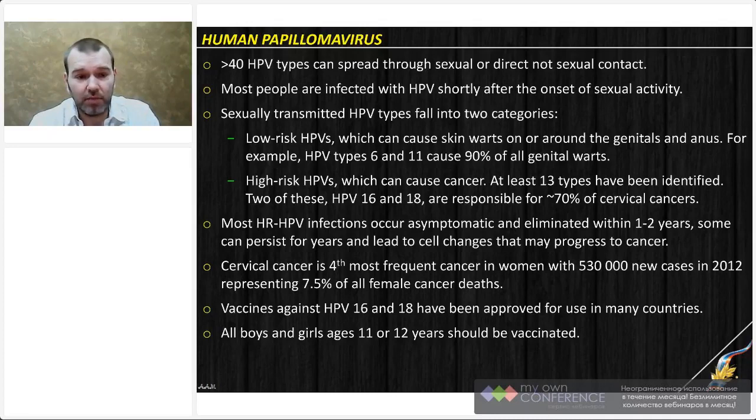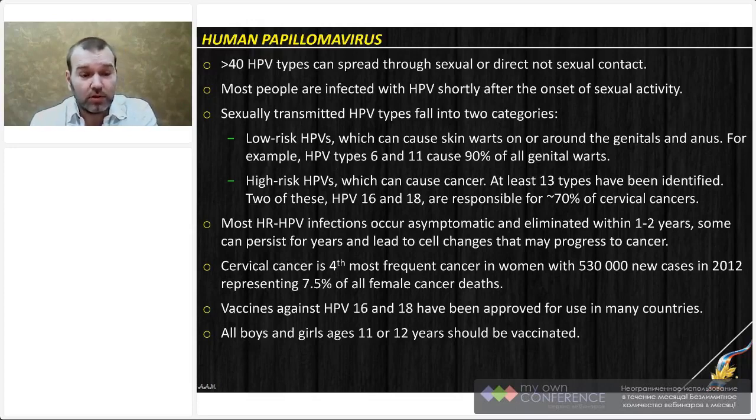A major number of people infected with human papillomavirus became infected after the onset of sexual activity. Of course, in younger kids, that virus is absolutely rare because contacts with other people are not so high, and immunity is usually more resistant to that infection.